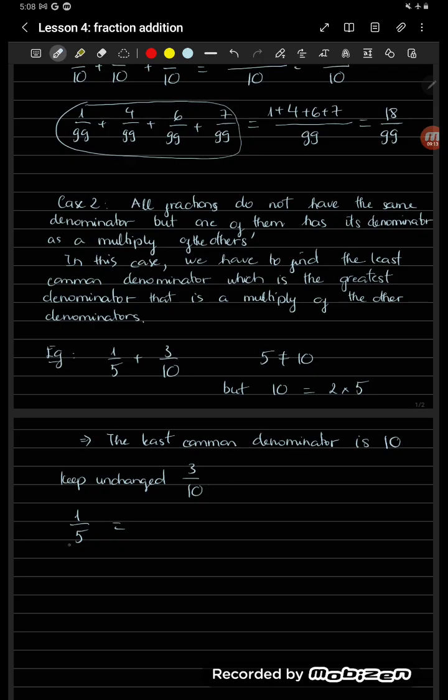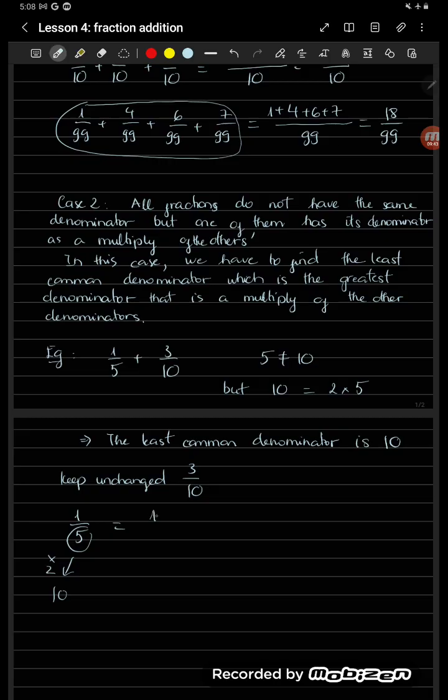So in order to make 5 become 10, we have to multiply by 2, right? And if you multiply the bottom part by 2, you need to multiply the top part by 2 as well. Otherwise, the new fraction will be different from the original one, and it is wrong.